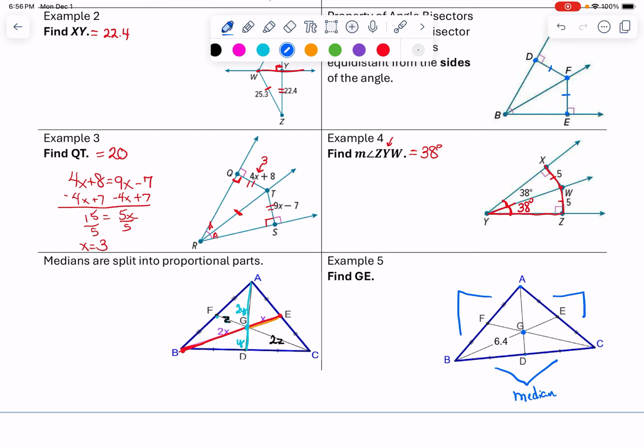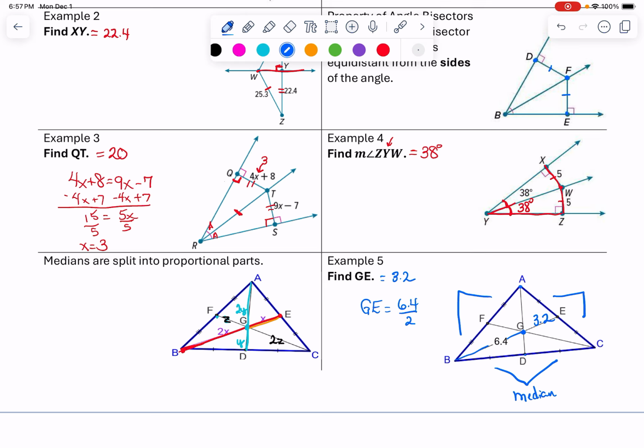If the distance between B and G is 6.4, and that's the longer of the two, to find the distance between G and E, we will take that 6.4 and divide it by 2. And that becomes 3.2. So the distance between G and E is 3.2.